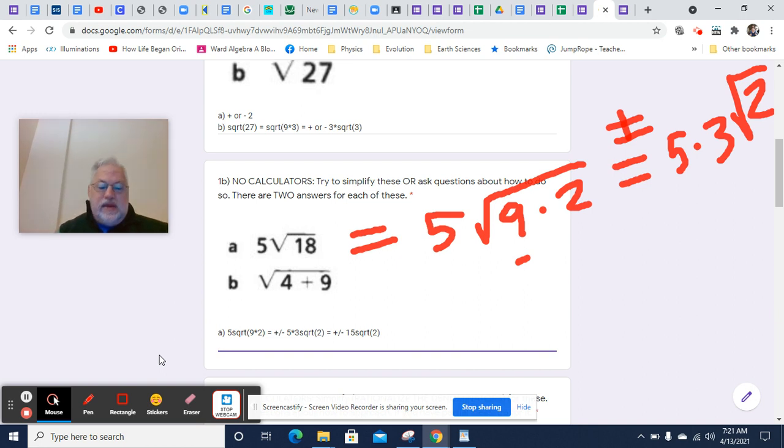So now B. First you've got to add the 4 and the 9. So it's going to be the square root of 4 plus 9, which becomes the square root of 13. And we can't actually reduce that at all. All we can do is say that's going to be plus or minus the square root of 13.